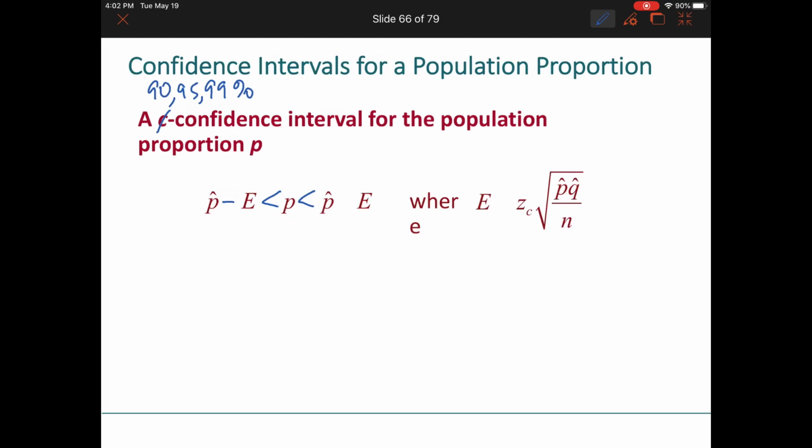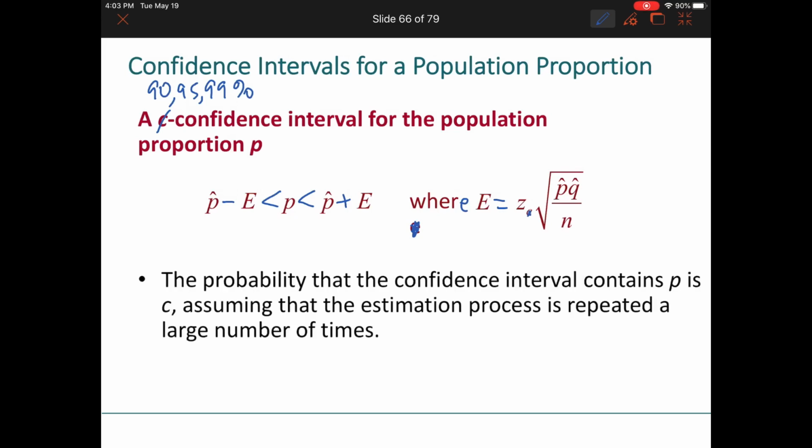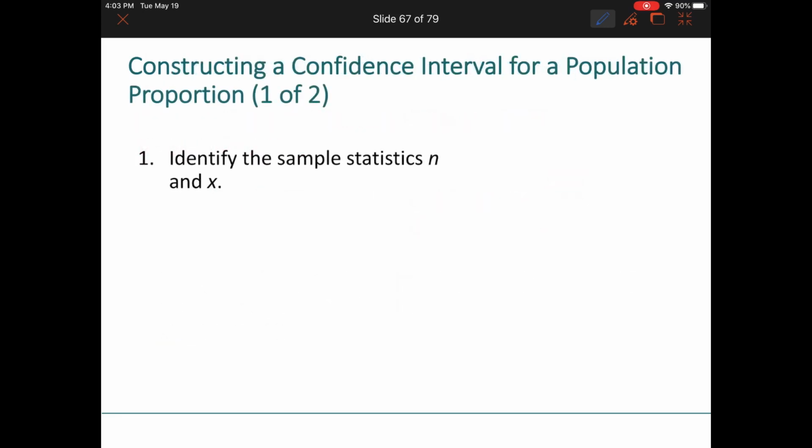So the actual P that does not have a hat on it, that's the golden one, is between the lesser important P hat, subtracting the margin of error, and it's in between that and the P hat plus the margin of error, where E, the margin of error, is equal to Z sub C, if you wish, times the square root of P hat Q hat over N. And this is assuming that the estimation process is repeated a large number of times. And it is, so we're not going to worry about that.